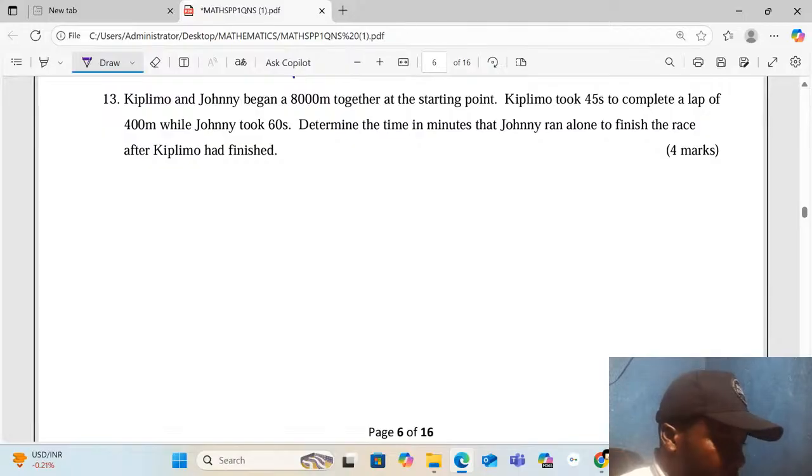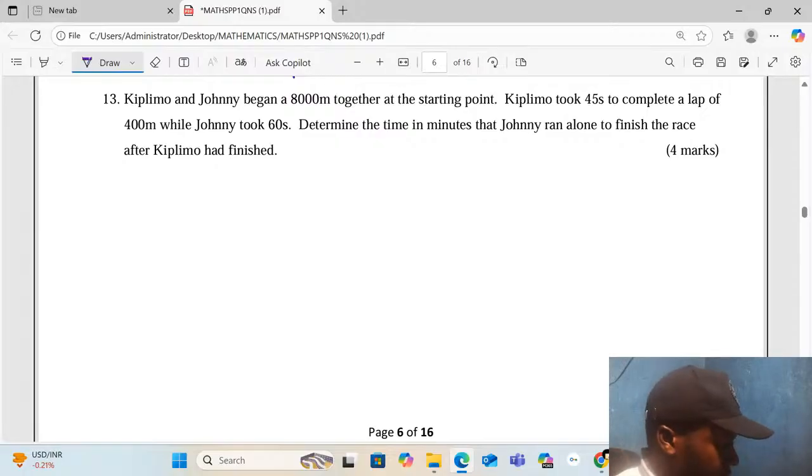They're asking you to determine the time in minutes that Johnny ran alone to finish the race after Kiplimo had finished. So this means Kiplimo finished ahead of Johnny. How long did it take for Johnny to finish after Kiplimo had finished?